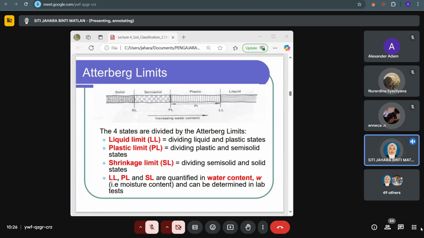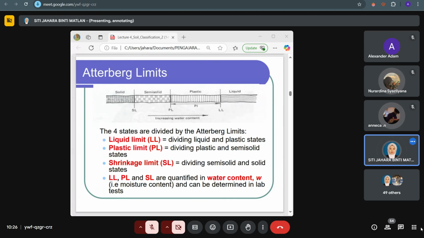The liquid limit marks the boundary between liquid and plastic state, while the plastic limit separates plastic and semi-solid state, and the shrinkage limit defines the transition between semi-solid and solid state.